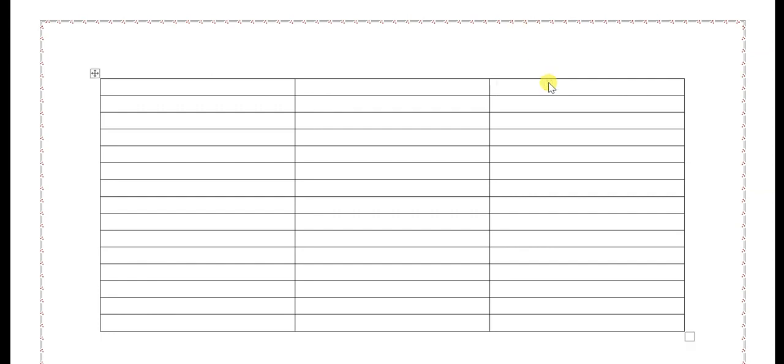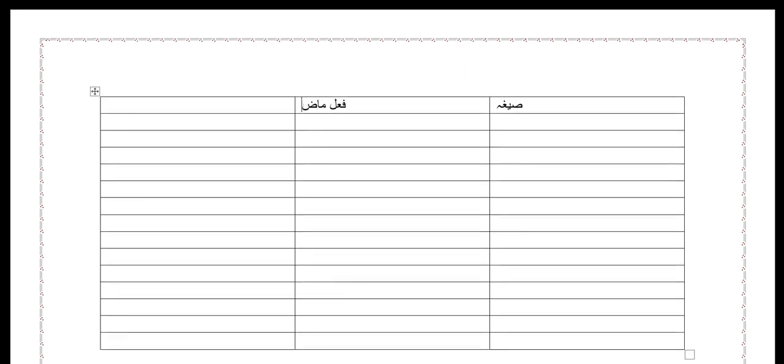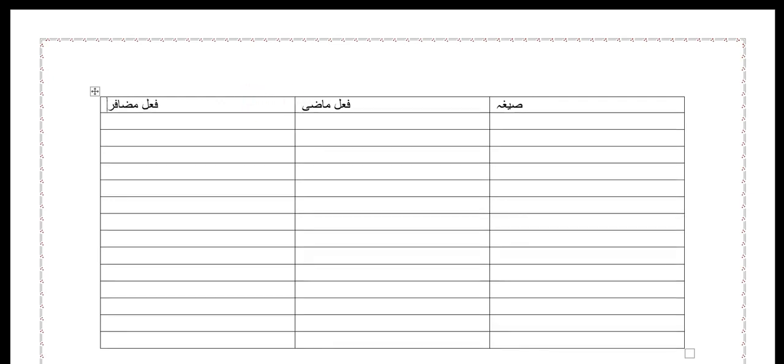In this column I am going to use sega, that is paradigm. Here I am going to use fele mazi because muzare is created from fele mazi. First I am going to write fele mazi and then here fele muzare.